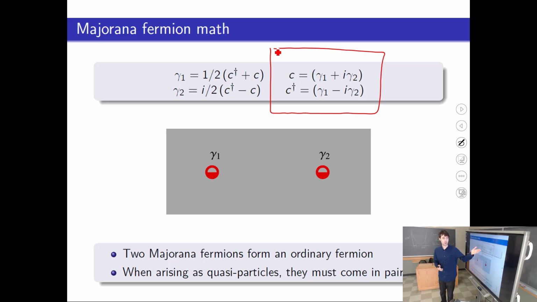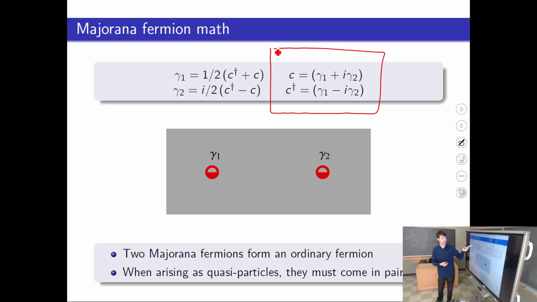And if you write it as a real plus imaginary part in this form, then these gamma 1 and gamma 2 are these Majorana fermion operators. Now, you can see from this that both gamma 1 and gamma 2 are real numbers, right, from this formulation. And if you extract gamma 1 and gamma 2 from this, you can express them in terms of C dagger and C of the standard fermionic operators.